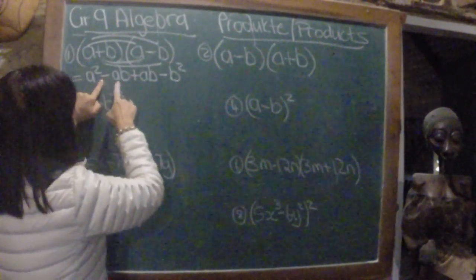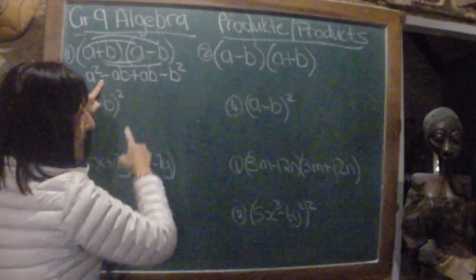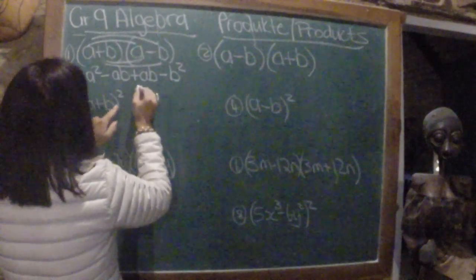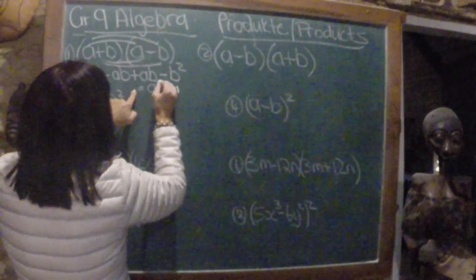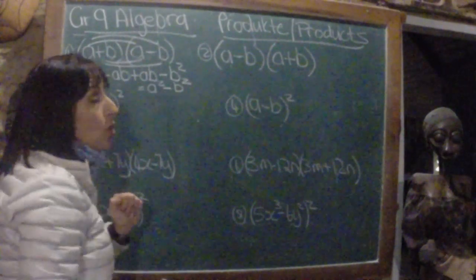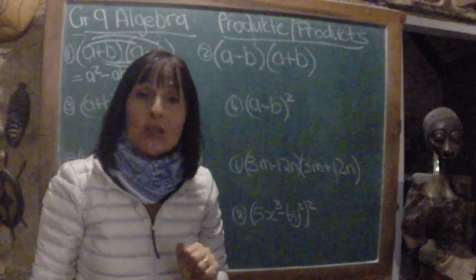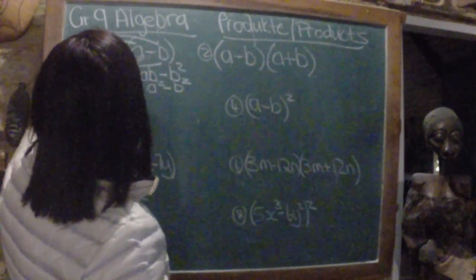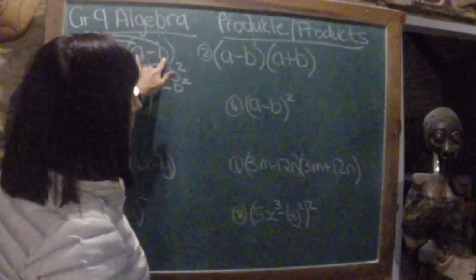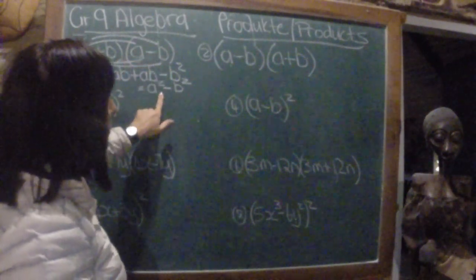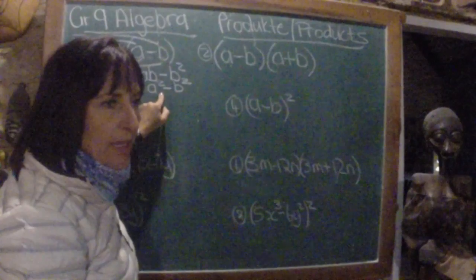Ek het 'n min AB en 'n plus AB. Dit eet mekaar op. So wat het ek wat oorbly? A kwadraat minus B kwadraat. Ons noem dit die verskil tussen 2 vierkante. So look carefully. When it's A, B, B with a plus and a minus, it gives you the difference between 2 squares.